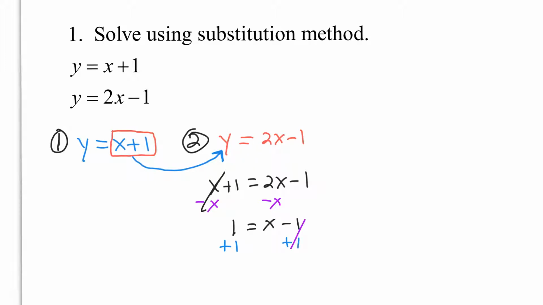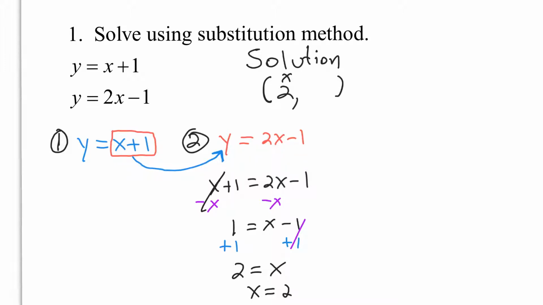And this is gone. So we have 2 equals x. Or we can say x equals 2. Hey, guess what, guys? We have one variable. So my solution is going to be, so let me put here, for my x, we know it's 2. But now we have to find the y value.